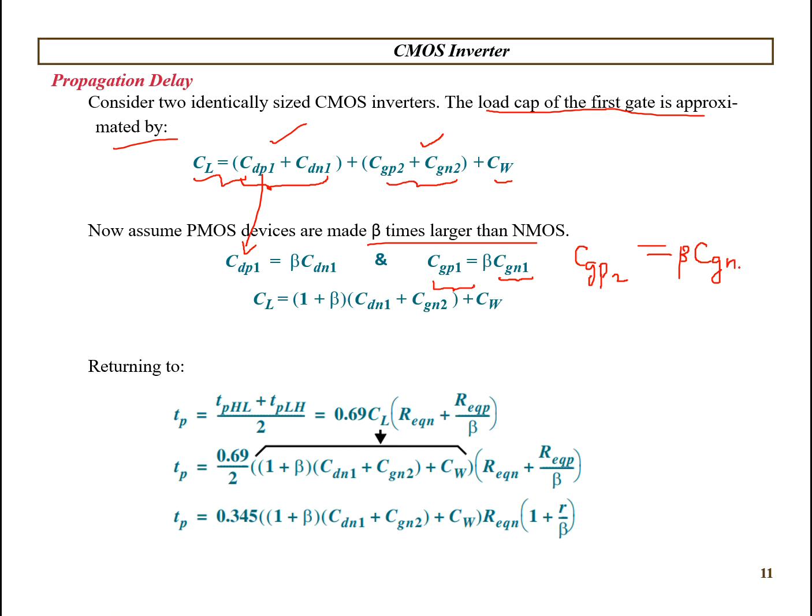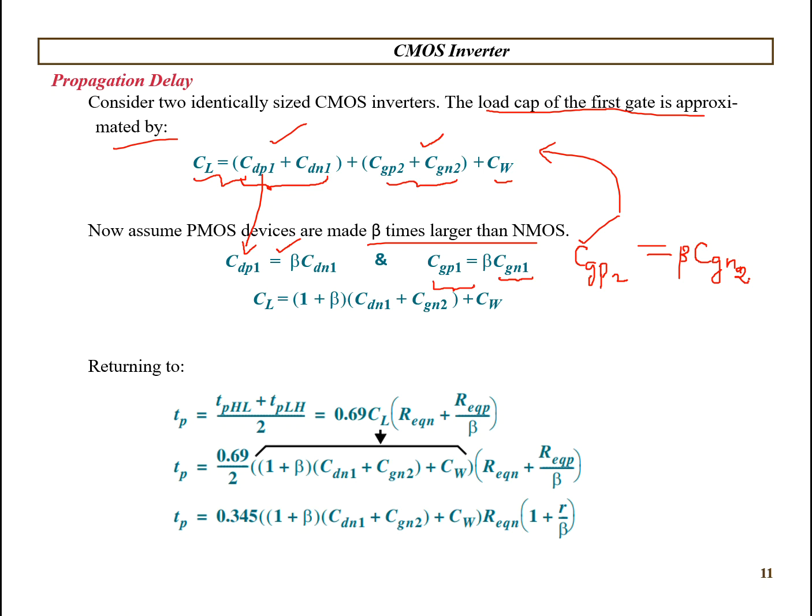Okay. Now substitute the values for CDP1 and CGP2 in this equation. For CDP1 you substitute beta into CDN1, and for CGP2 you substitute beta into CGN2. It is not CGN1, it is CGN2, because it is the second inverter we are writing.